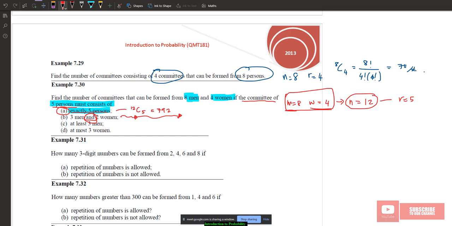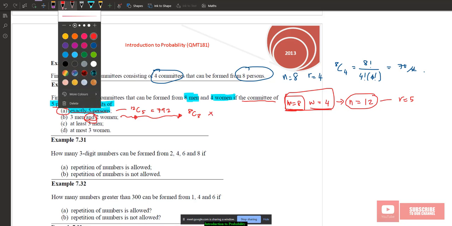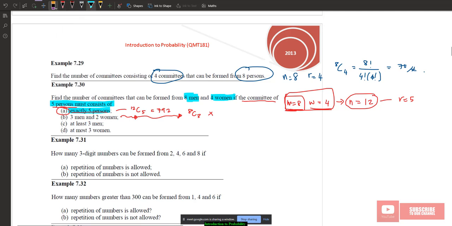We want to select 3 men out of 8 men. So 8 choose 3, and AND means multiply, and 2 women out of 4 women. So 4 choose 2. So this one should be equal to 336.